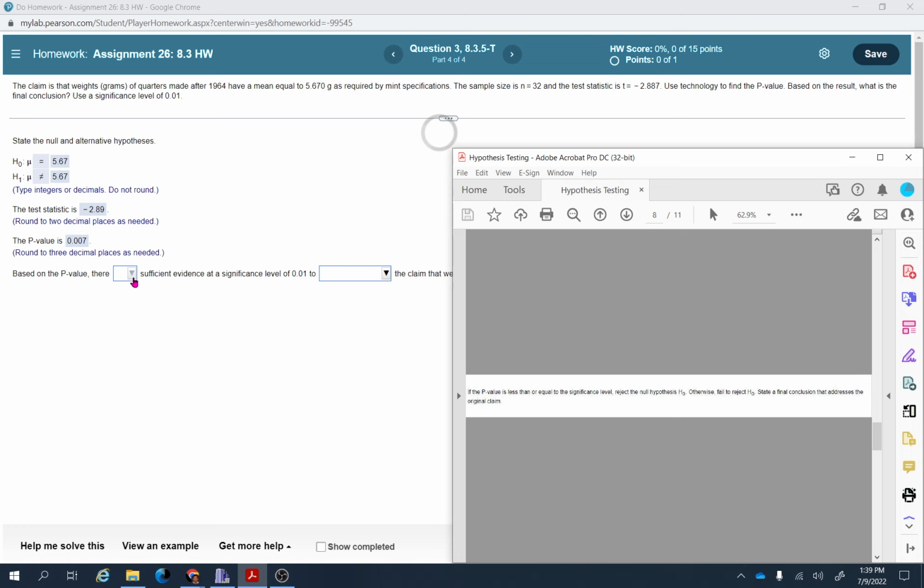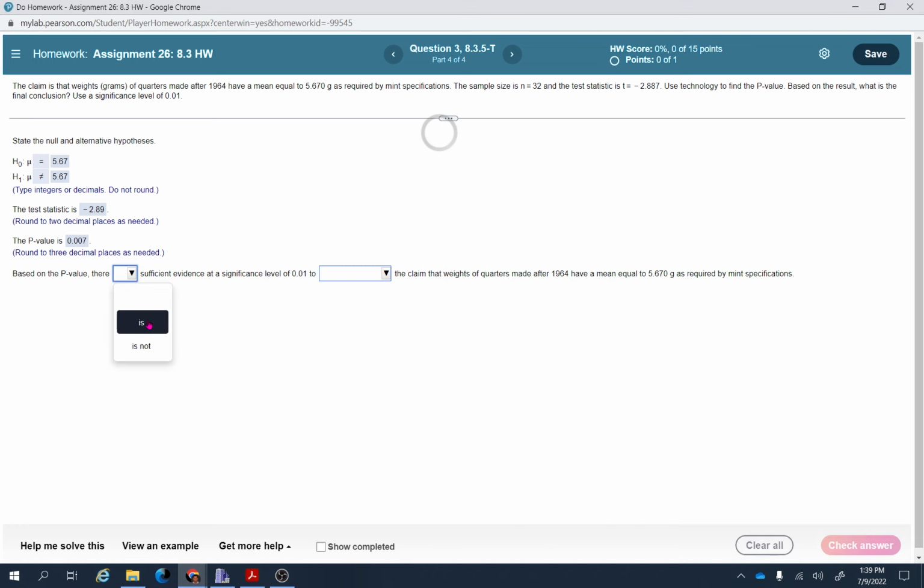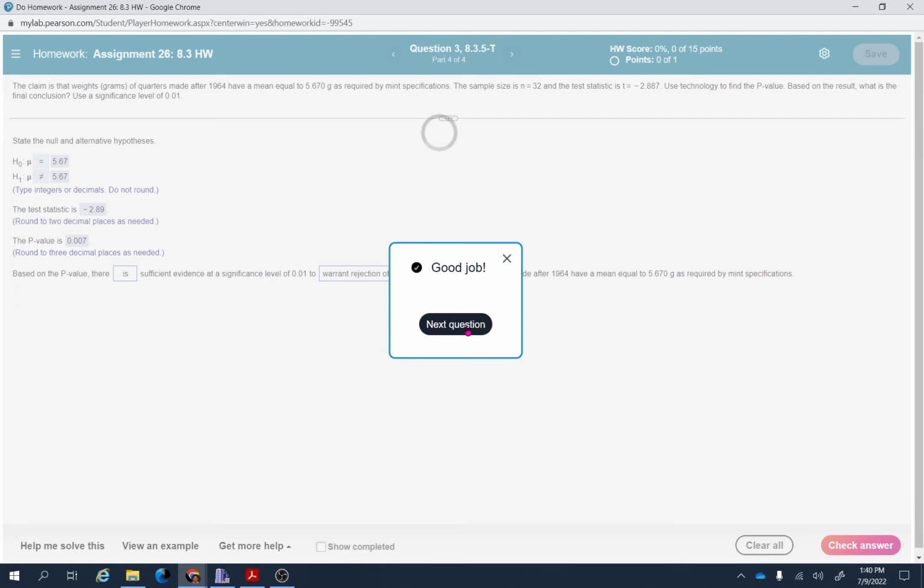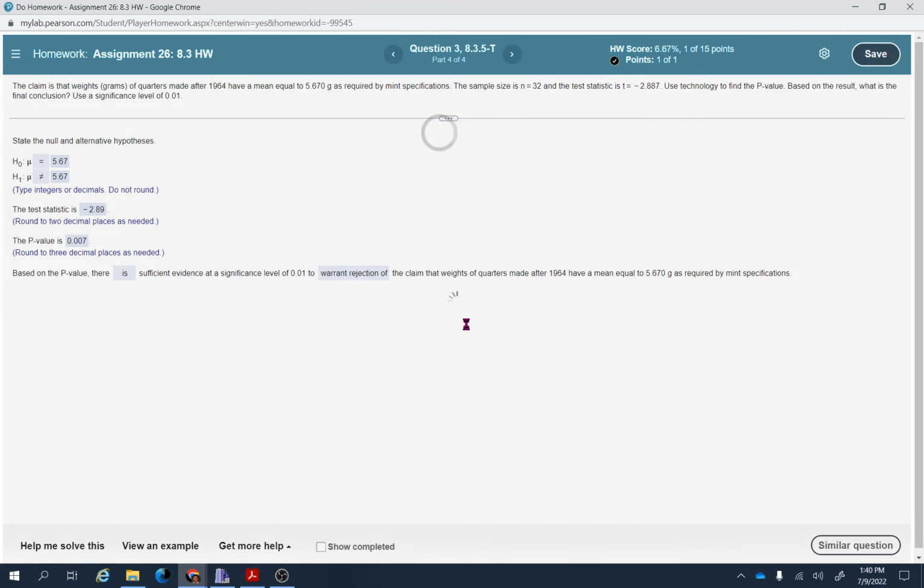So based on the p-value, there is sufficient evidence at a significance level of 0.01 to reject the claim that the weight of quarters made after 1964 has a mean equal to 5.67 as required by the mean specification. Okay, that's number 3.